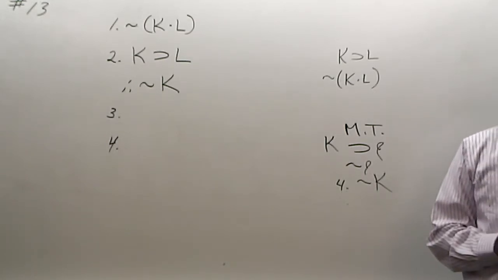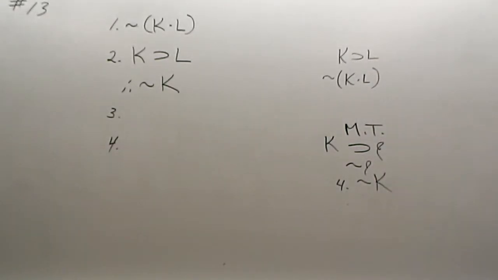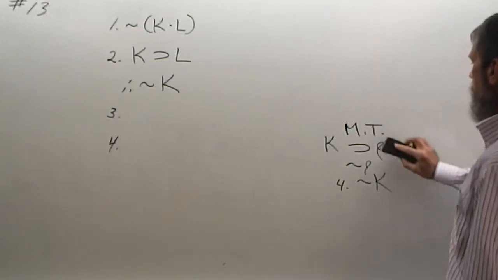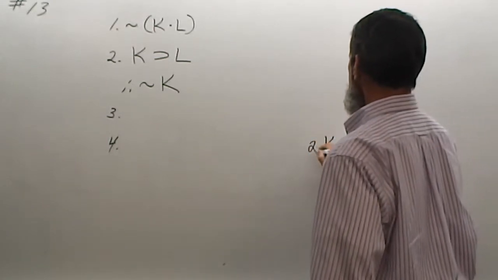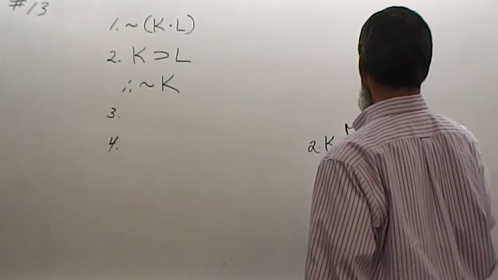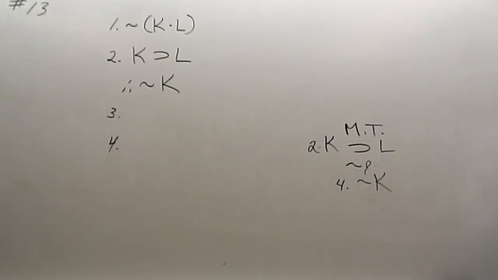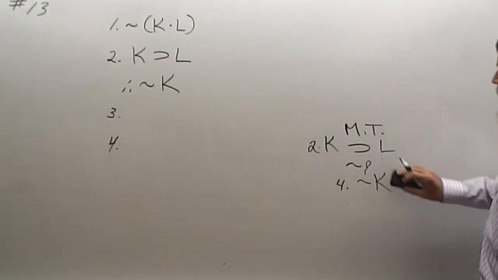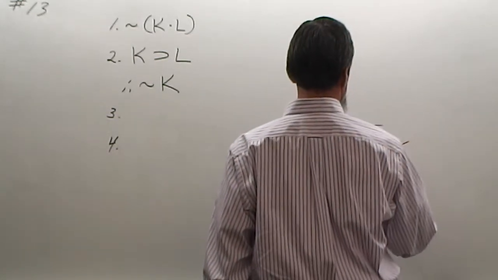I'll intentionally make the wrong assumption. Let's assume that line 2 is going to be used as that first premise. And on that assumption, we'll take out this variable and put in L.